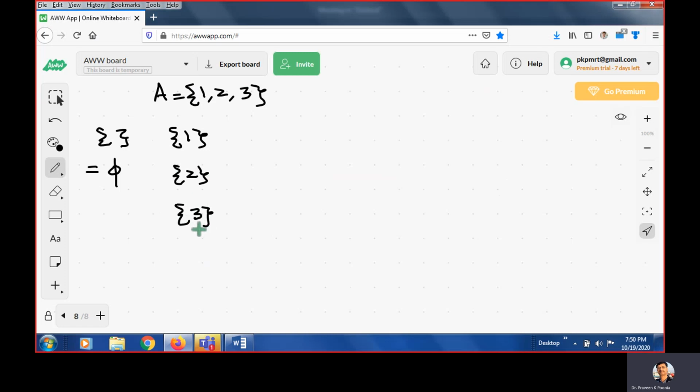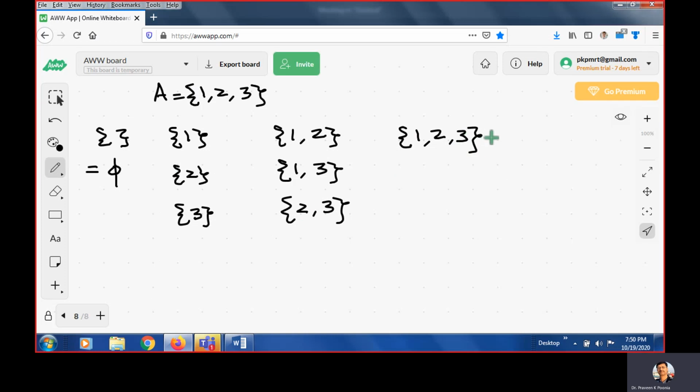There are three possibilities because three numbers are there. Then we'll choose two numbers: {1, 2}, {1, 3}, and {2, 3}. These are the three possibilities with two numbers. And then we'll write three numbers: {1, 2, 3}, and this is equal to A.